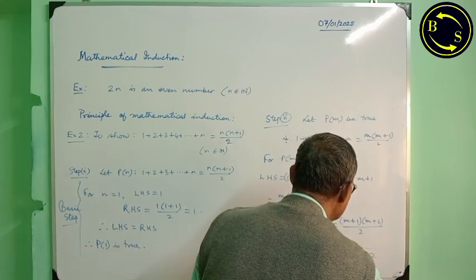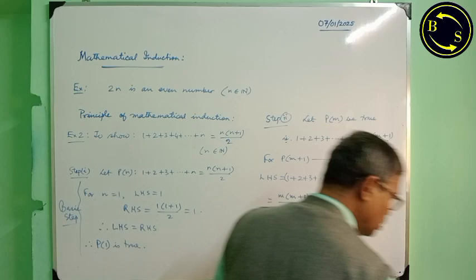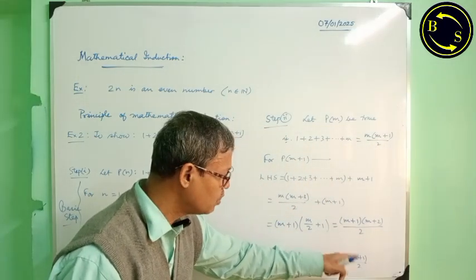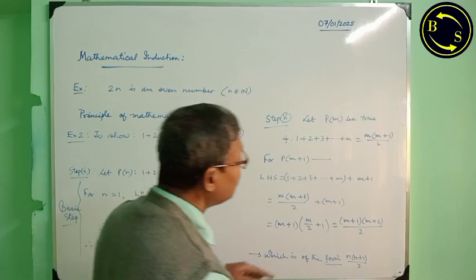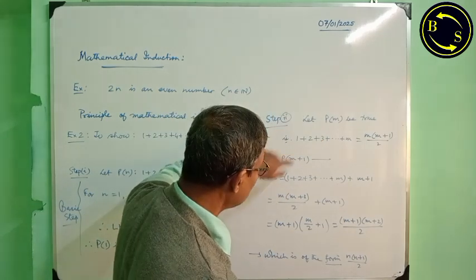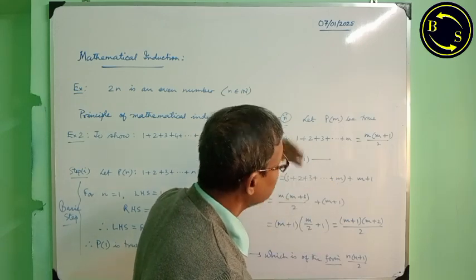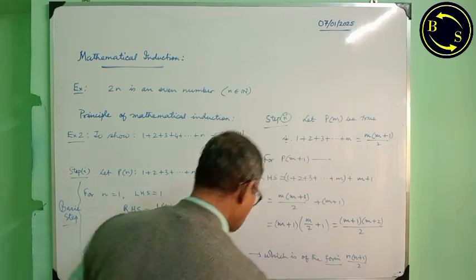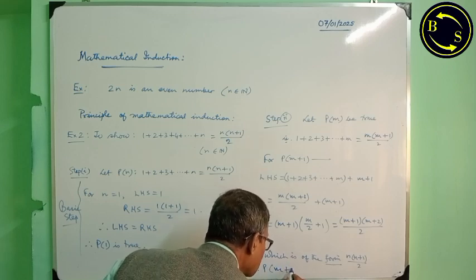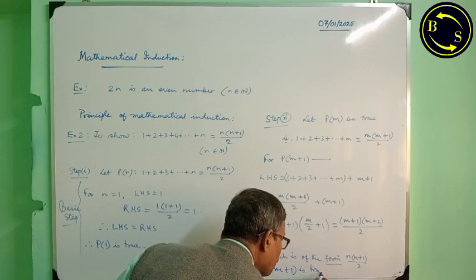Which is of the form n into n plus 1 by 2. We took Pm to be true, and what we find? Pm plus 1 is also of that form. Therefore, the conclusion is Pm plus 1 is true.